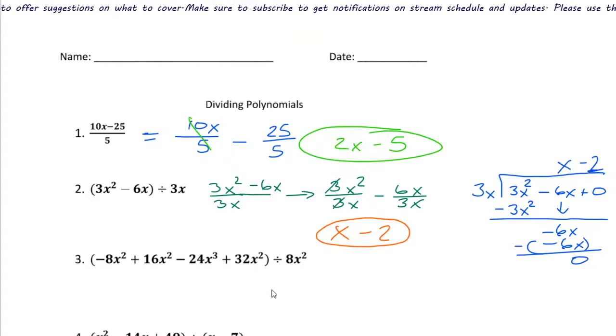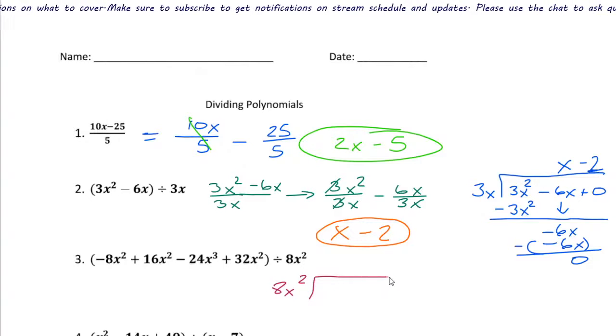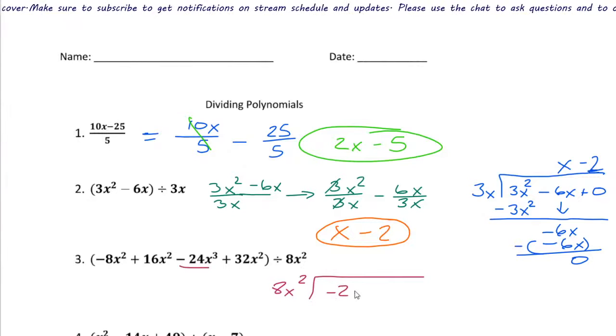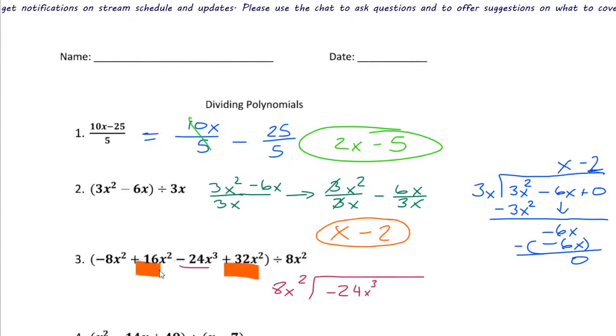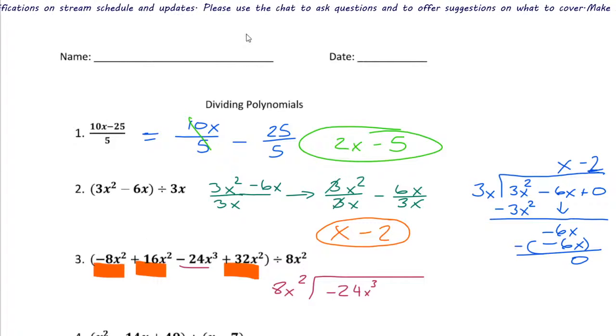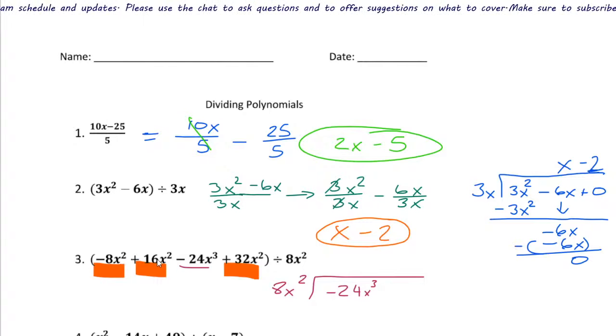So we're going to have 8x squared. We're going to divide -24x cubed. Then we need to combine 32x squared, 16x squared, and -8x squared. When we combine all those together, -8 plus 16 is +8. +8 plus 32 is going to be +40x squared.